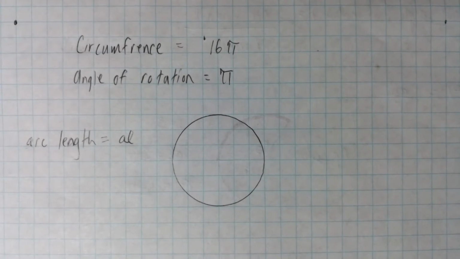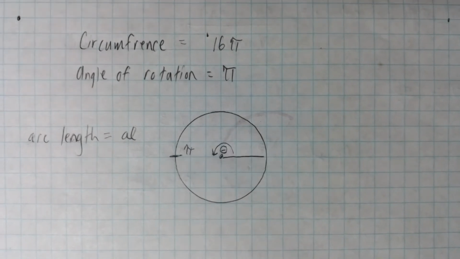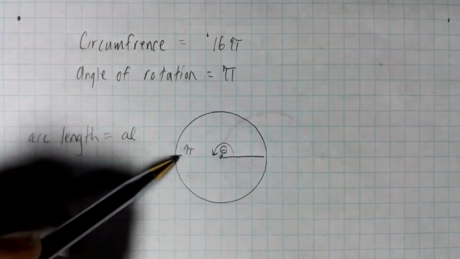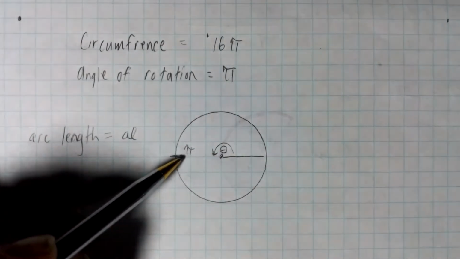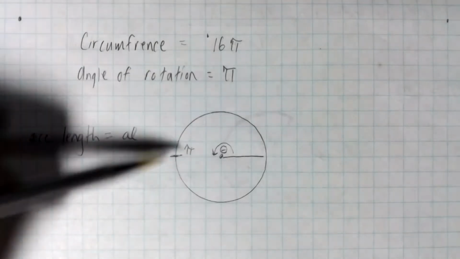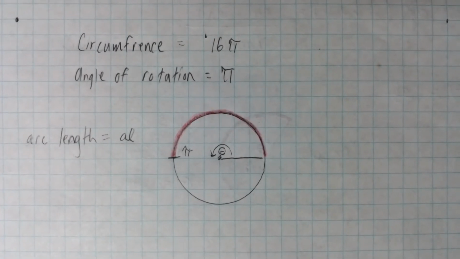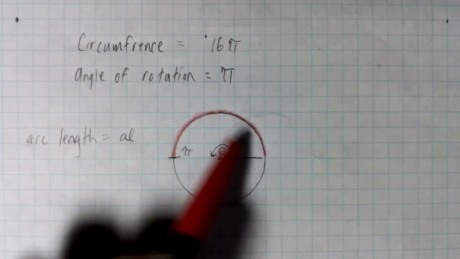You have to do some intuitive thinking on this. Hopefully you'll know that that angle rotates the radius to here, pi. All the way around is 2 pi, so halfway is going to be pi. So there's our angle of rotation, and there is my arc.